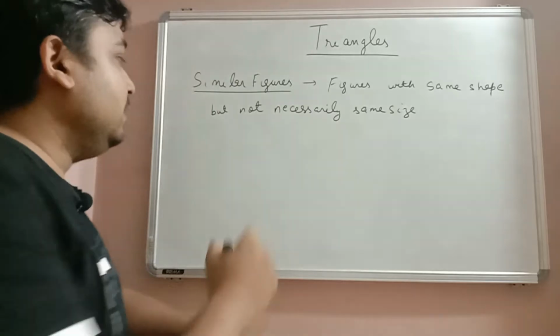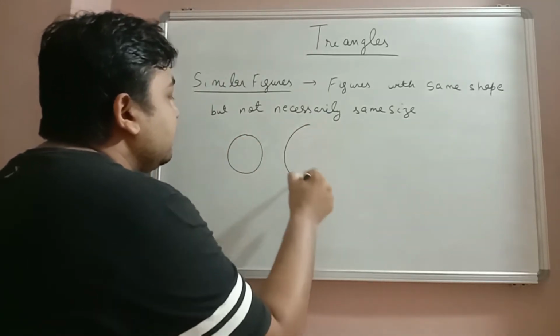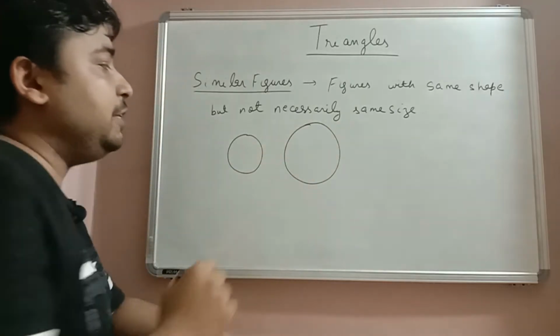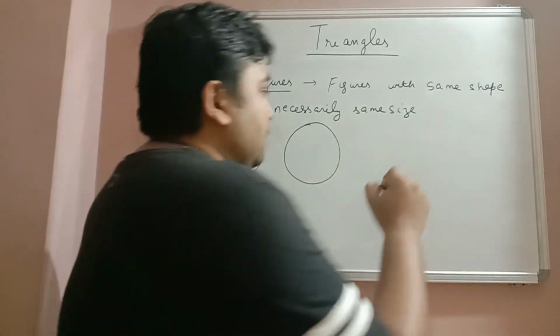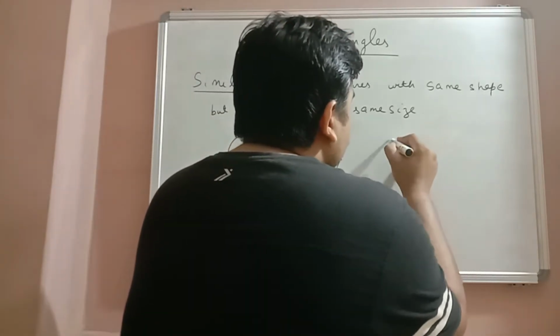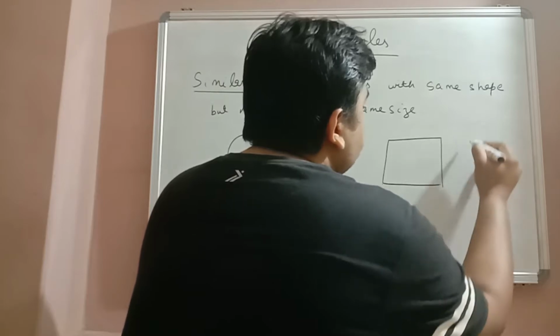For example, if I have two circles of different radii, both the circles are of the same shape, so these two circles are similar figures. Now suppose I have two squares of different sides.